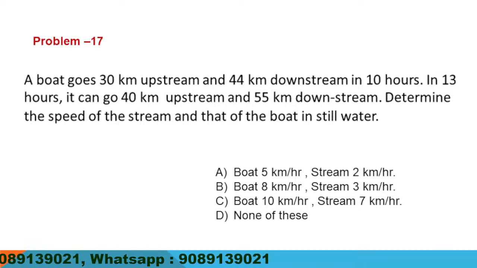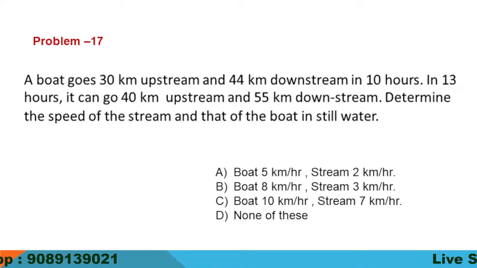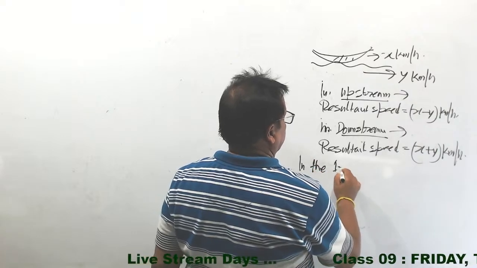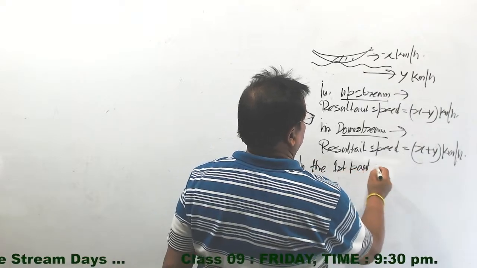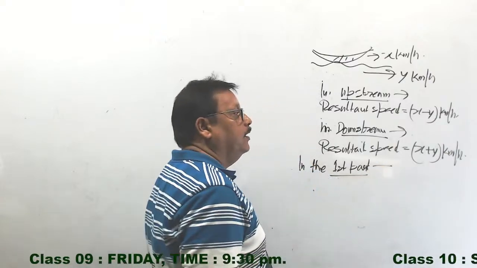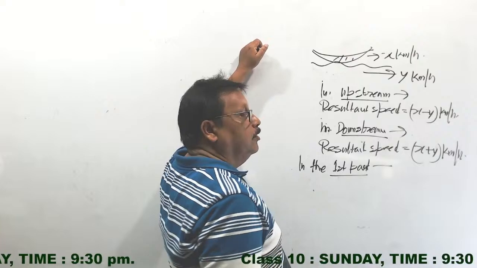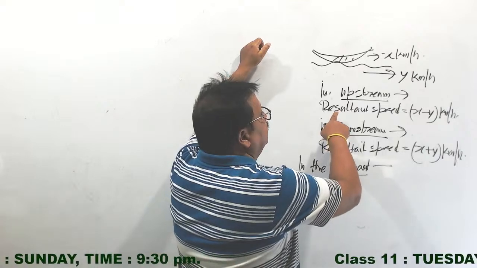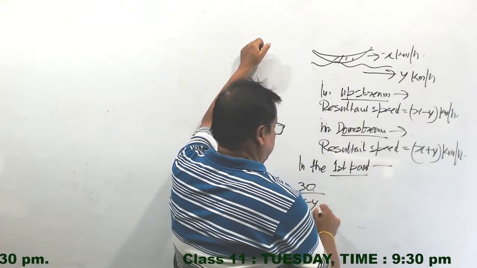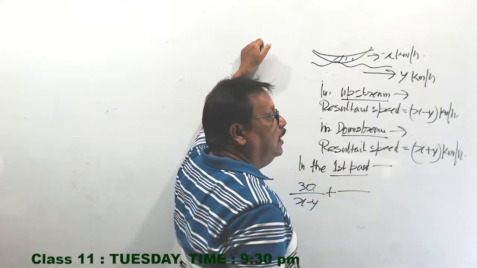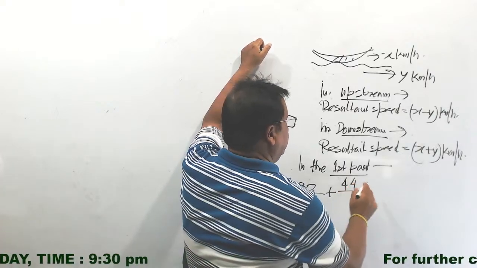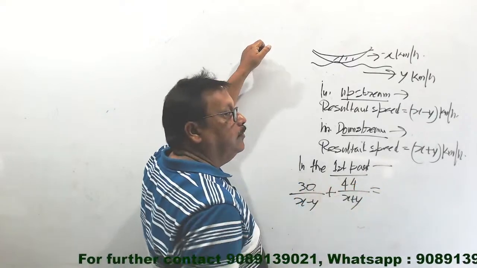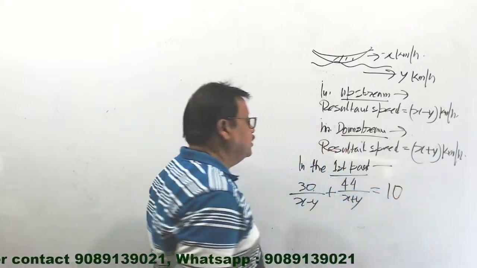In the first part, 30 kilometer upstream, what will be the time? 30 by upstream speed, which is x minus y, plus 44 kilometer downstream, 44 by downstream speed, which is x plus y. The total time is 10 hours. It is the first equation.